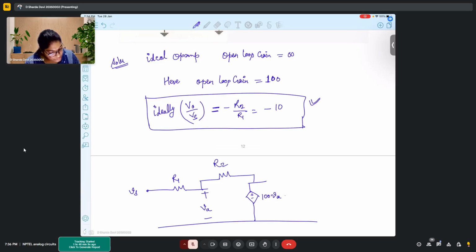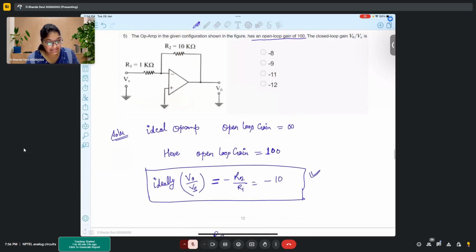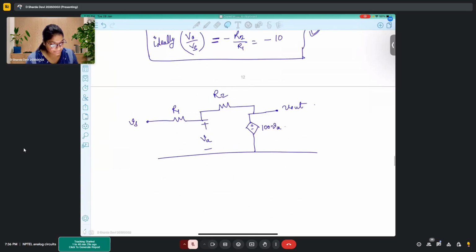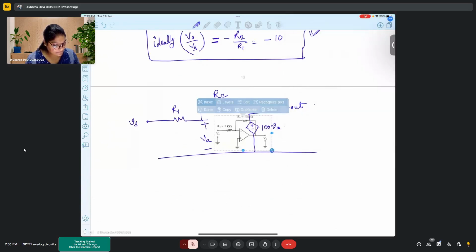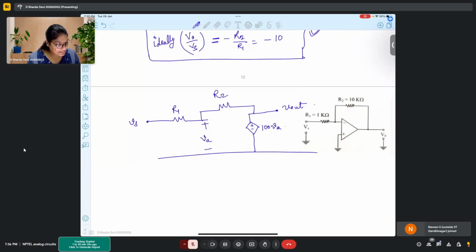You have the resistor R2 connected, and this is V out. Okay. So this is the circuit, right? You can see the resemblance between the two, right? This was the circuit given in the question, and this is the equivalent circuit that I have drawn. Can you see the resemblance? Yes, ma'am. Yeah. So this is what we call the small signal model.